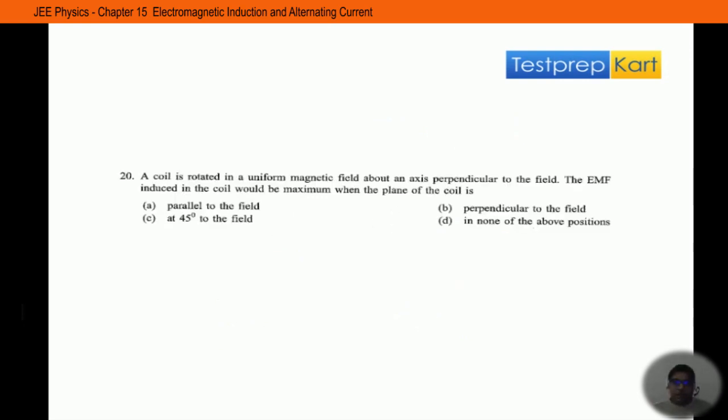Let's see the next question. It is saying, a coil is rotated in a uniform magnetic field about its axis that is perpendicular to the field. The EMF induced in the coil would be maximum when the plane of the coil is... Again we need to recall the concept we discussed in question number 17, that the expression of induced EMF can be written as N B omega A into sine omega t.